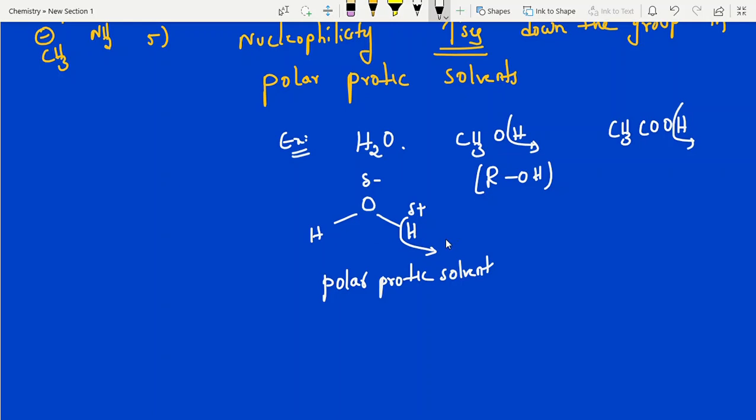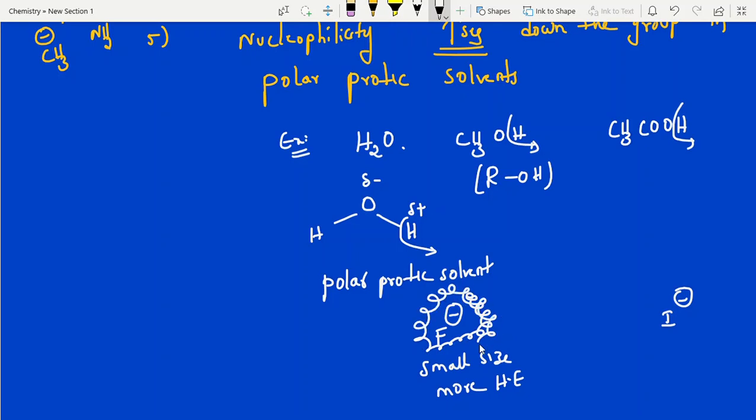Polar protic solvents. See what I have written here. Nucleophilicity increases down the group. See students, F minus and I minus. Who is the small size? Fluoride is small, and small size means more hydration energy. More hydrated molecules surround fluorine, so it becomes bulky and cannot move faster.